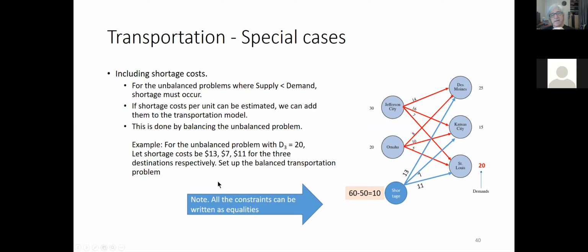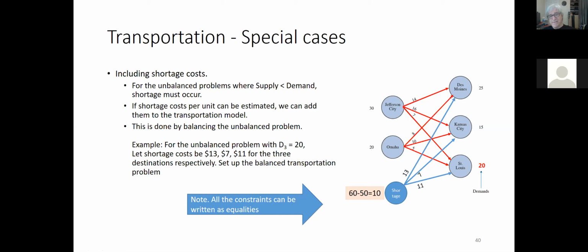$13 is the estimate of shortage cost per unit in Des Moines, $7 only in Kansas City, $11 in St. Louis. This is kind of an analysis that is done by the accounting department, by an economist that you hire.